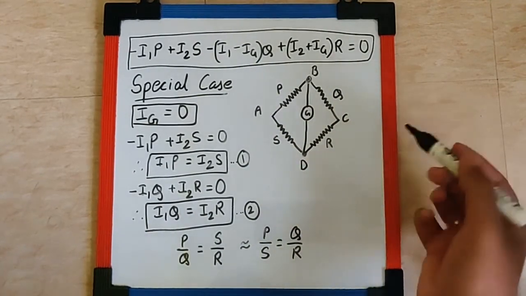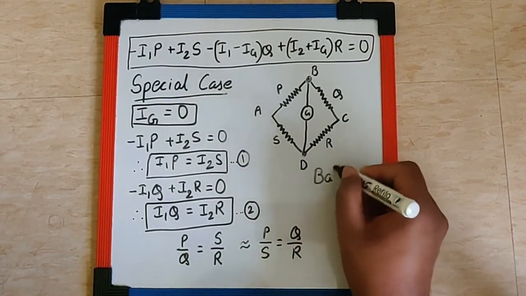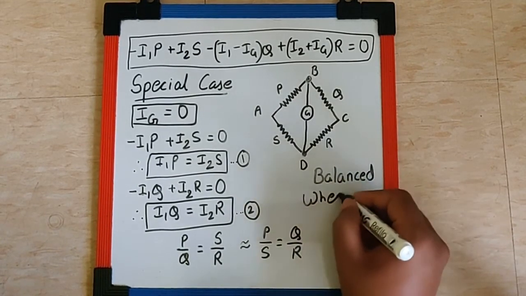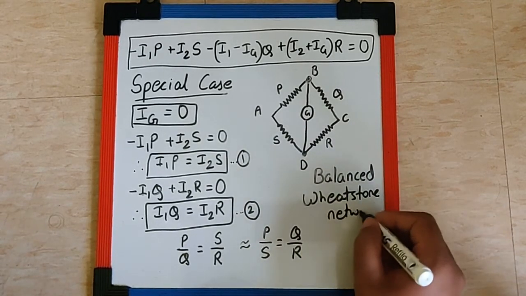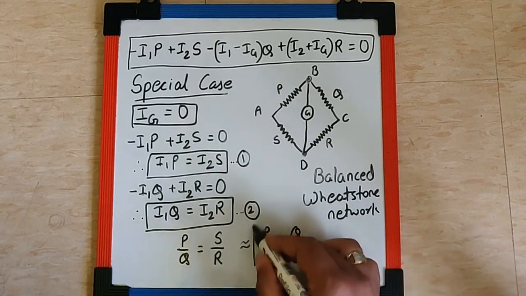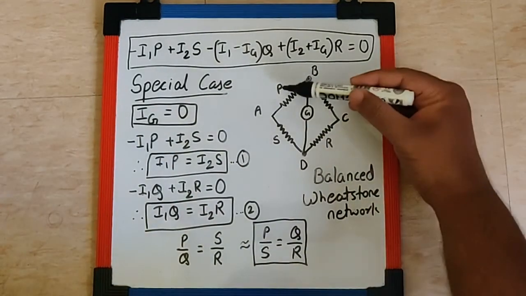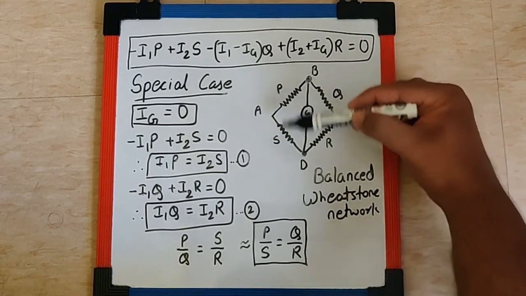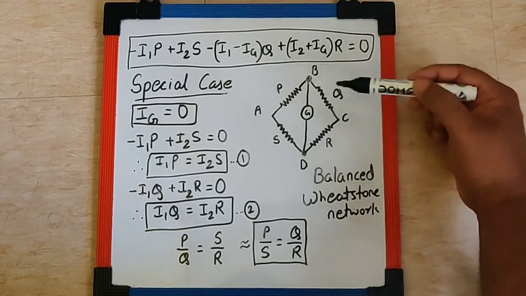With this condition, which is called a balanced Wheatstone network, we have a direct formula like this: P by S is equal to Q by R, which means the ratio of the two resistances on one side of the galvanometer is equal to the ratio of the resistances on the other side of the galvanometer.